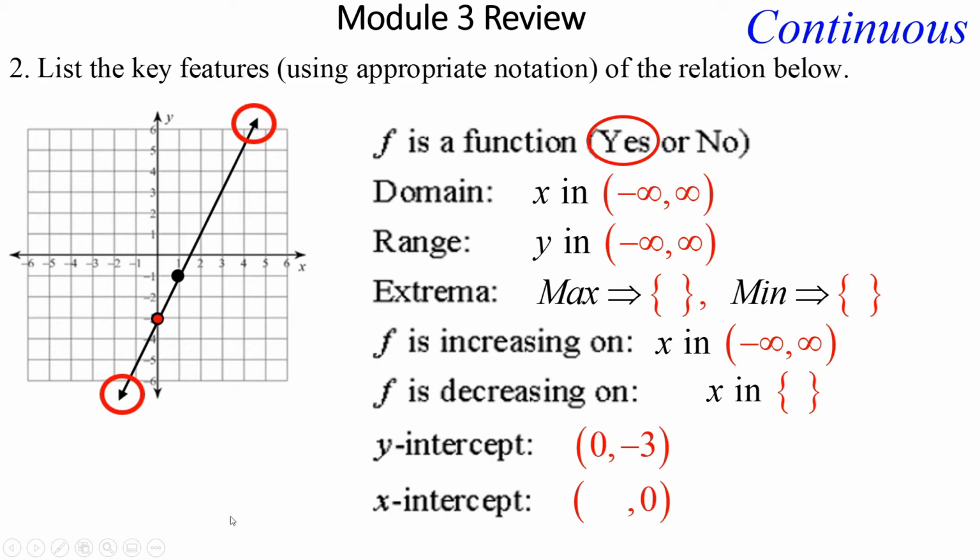See how the y is 0? And what is the x-coordinate of that x-intercept right there? That looks like I'm going to approximate to be 1.5. There you go. Those are the features of that graph right here. Is it a function? Communicate the domain, the range, the extrema, increasing intervals, decreasing intervals, and your intercepts.